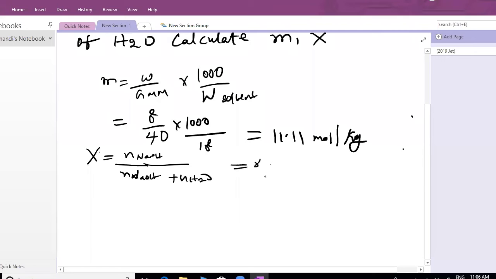Then write here 8 by 40 plus 18 by 18. So you'll get your answer, 0.167.